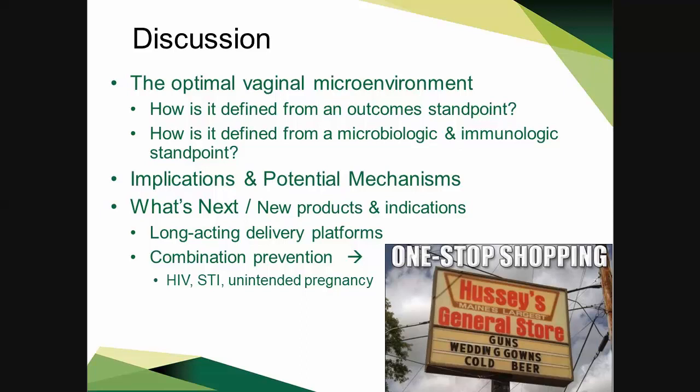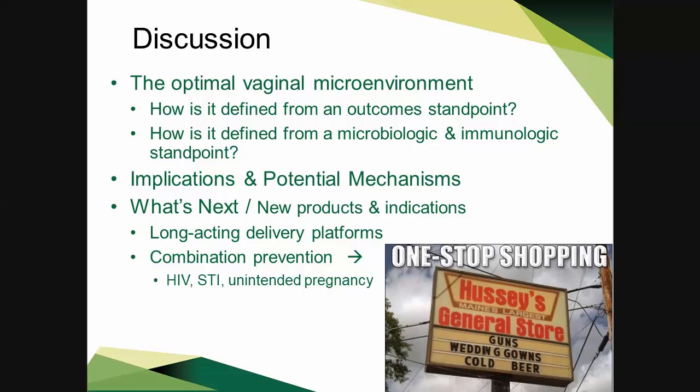Given the brief time we have together, I can't possibly talk about all of the implications. For example, there's a lot of really interesting work, mostly in the laboratory, looking at the effect of vaginal lactobacillus on chlamydia trachomatis, but we can talk about that at the break if we have time, but I'm really going to focus, given our emphasis, on HIV. And then I'll talk a little bit about what's next, okay?